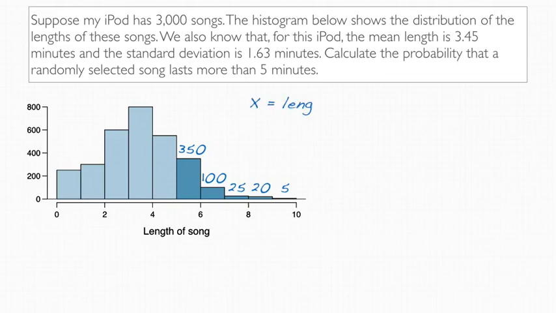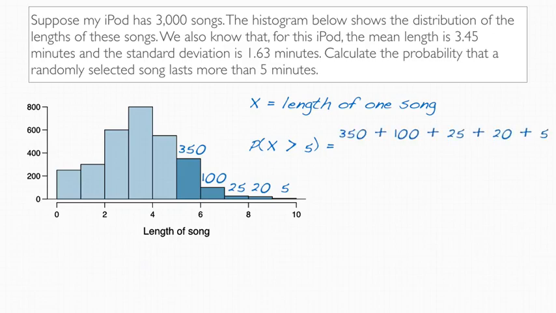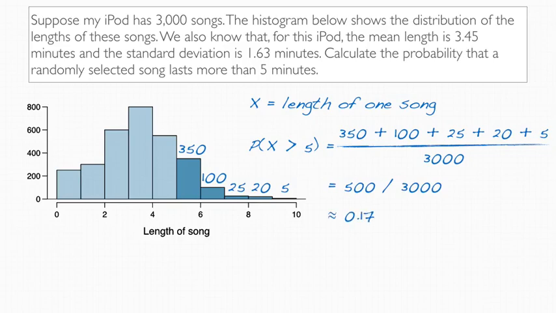Let's let x equal the length of one song. We're using an additional notation here that actually isn't absolutely necessary for this one question, but having used some sort of notation will come in handy in a little bit. Then, the probability that x is greater than 5 is 350 plus 100 plus 25 plus 20 plus 5 divided by 3,000, which comes out to 500 over 3,000, which is approximately 0.17.